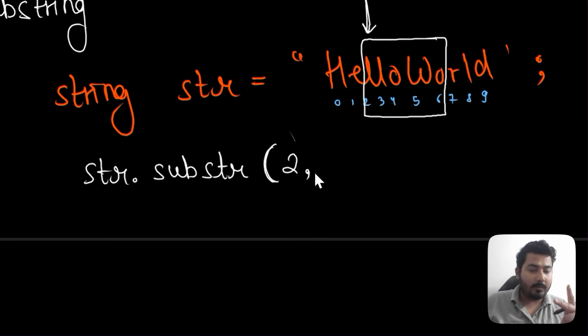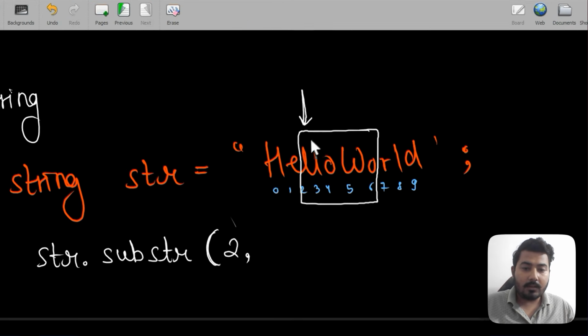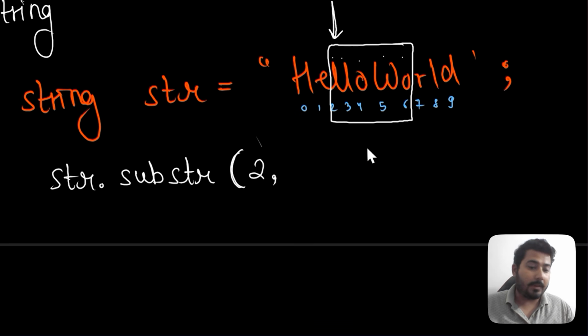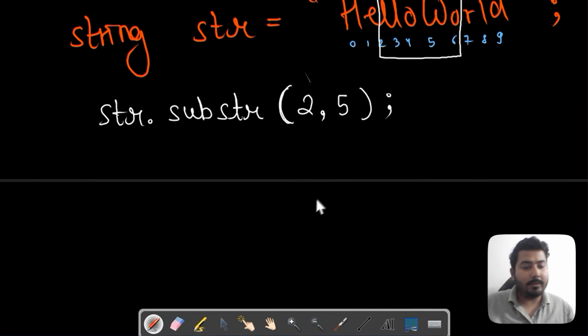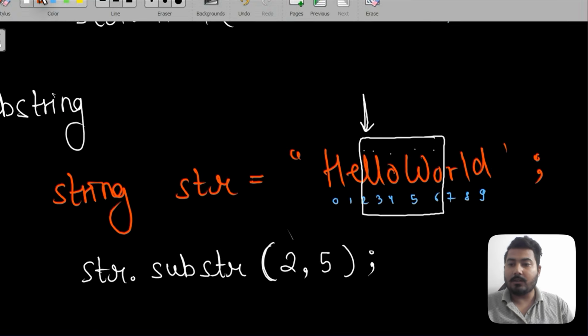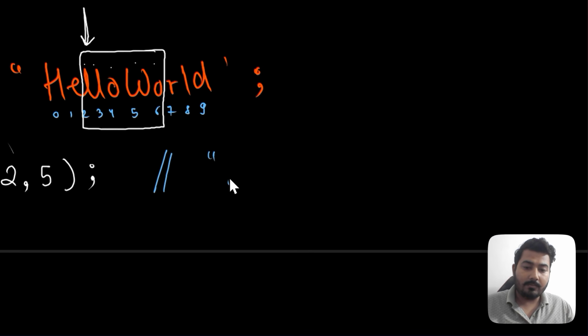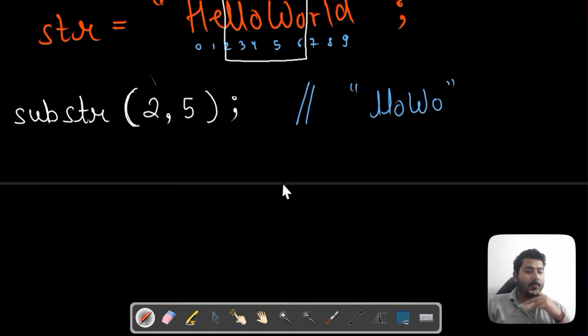The second parameter is how many characters you want to obtain, that means the length of your substring. I want LLOWO, that means 1 2 3 4 5. So I want 5 characters starting from index 2. This inbuilt function will provide you the substring LLOWO. This will be your output.